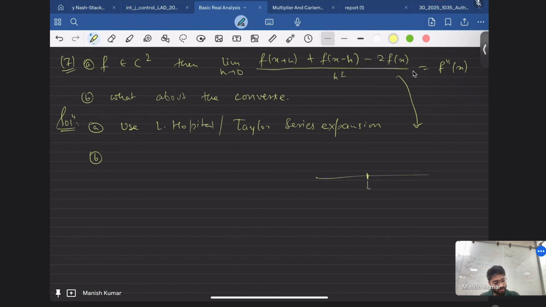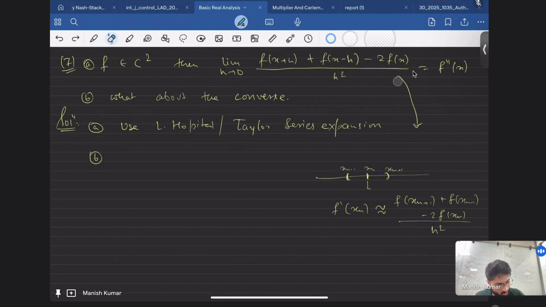Then you say that f prime at x_n is approximated by f(x_{n+1}) plus f(x_{n-1}) minus 2f(x_n) upon h square. This kind of stuff is used in numerical analysis, right? That was just one comment.